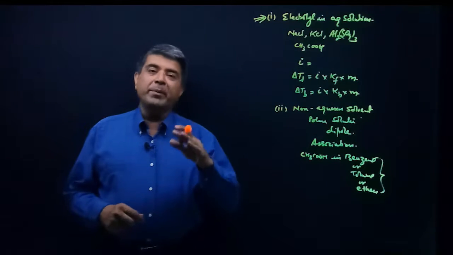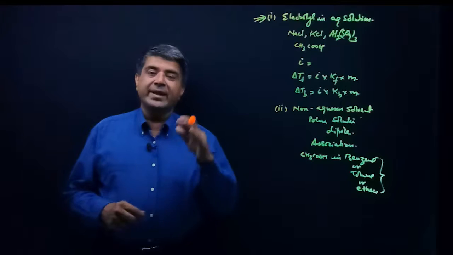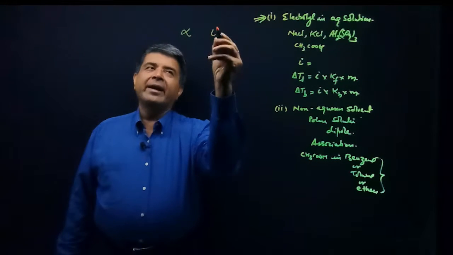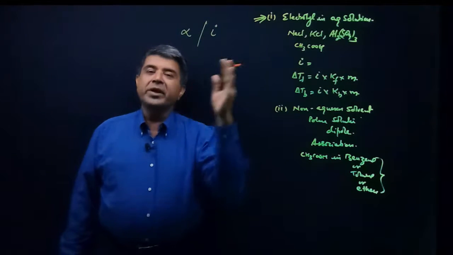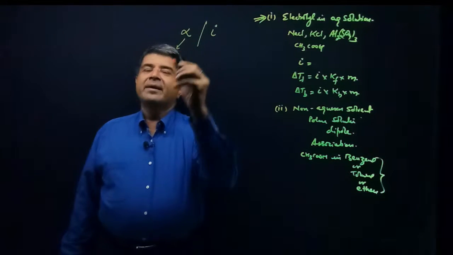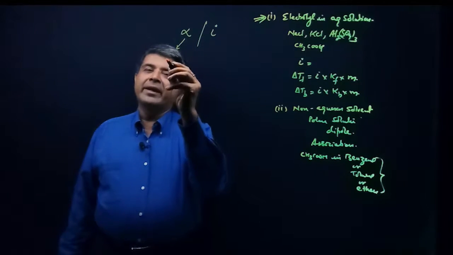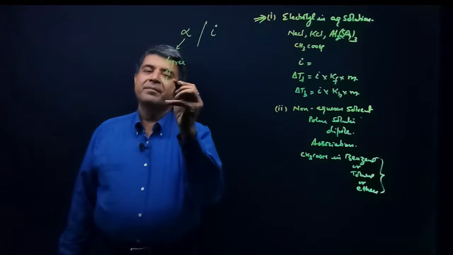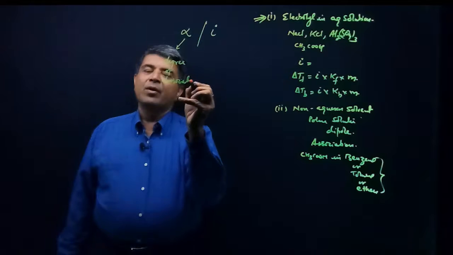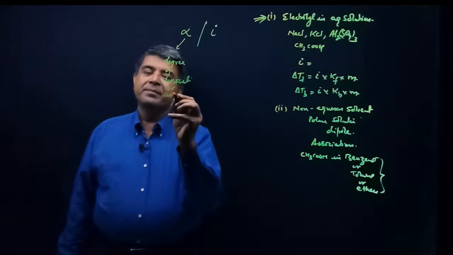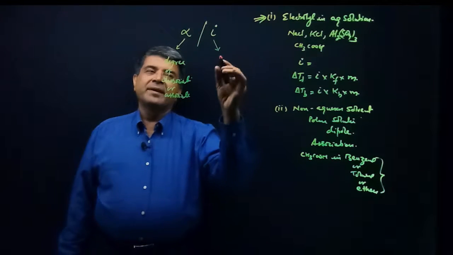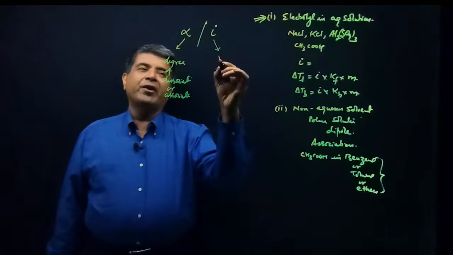Now the second common mistake is that students get confused between alpha and i. These are two different things. Alpha would be the percentage degree of dissociation or association, and i is the van 't Hoff factor.